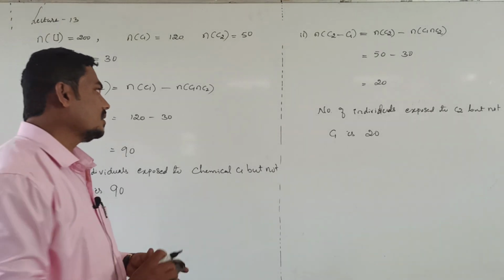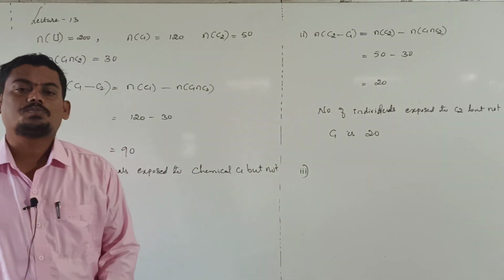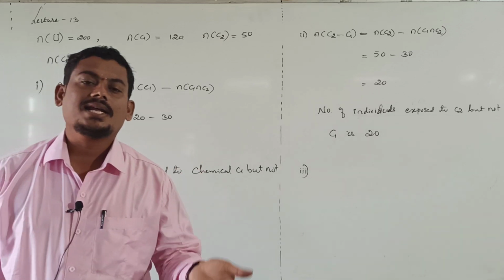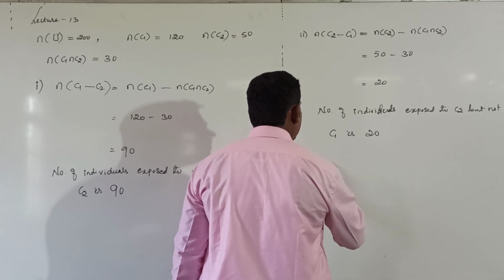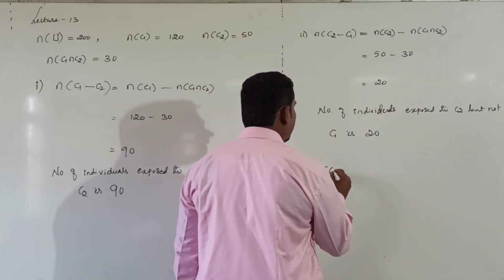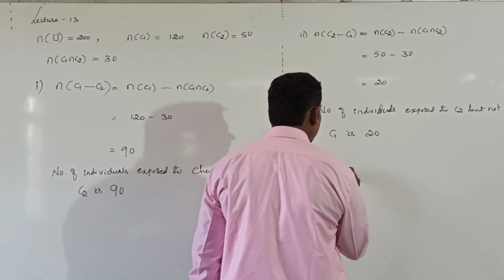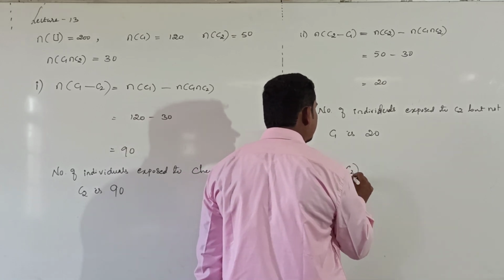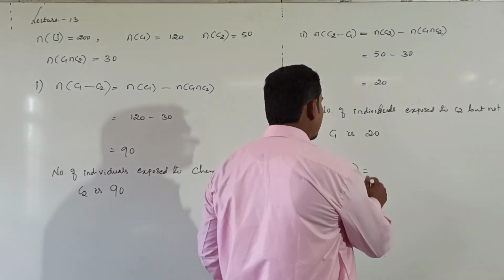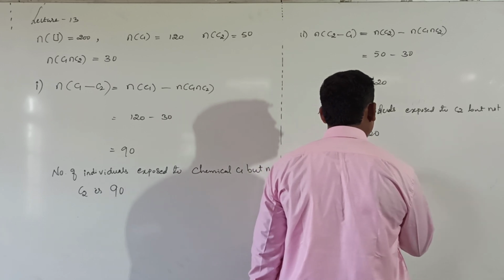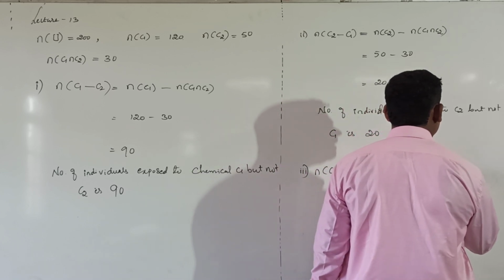Next, third question: number of individuals exposed to chemical C1 or chemical C2. The word or is nothing but union, C1 or C2. That's equal to the formula, instead of or, union: n of C1 plus n of C2 minus n of C1 intersection C2.